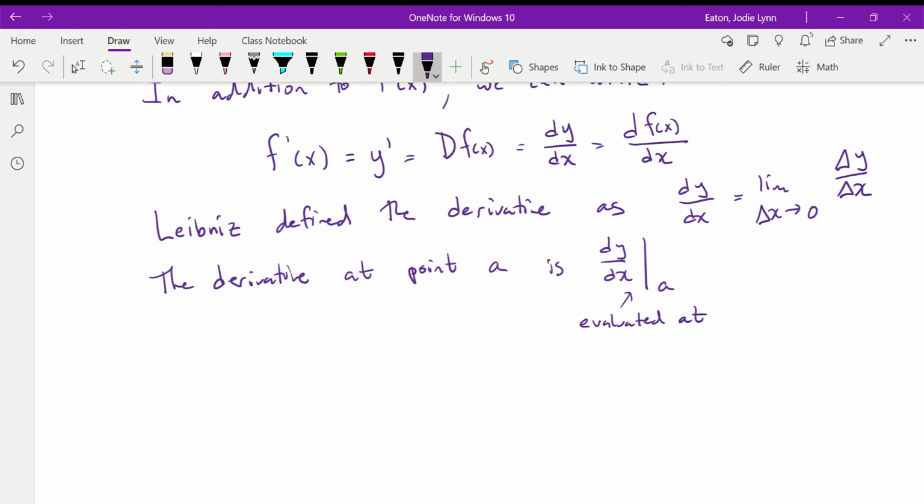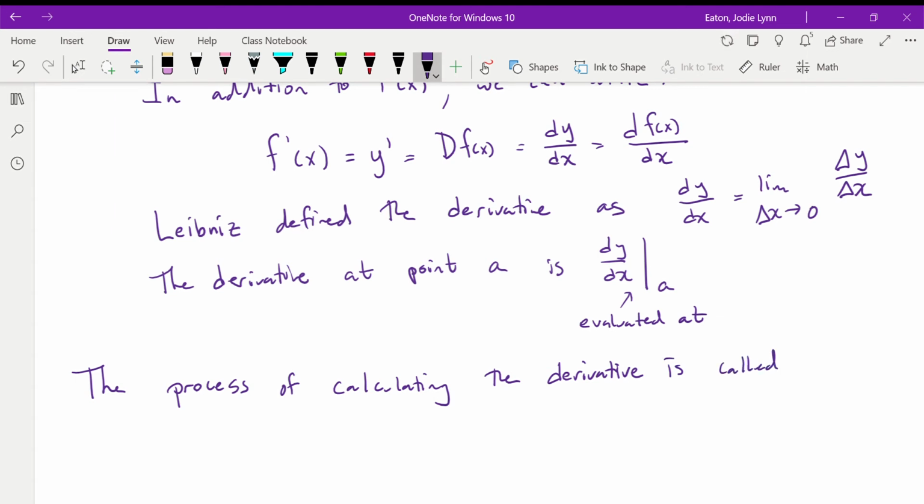Okay, the process, just another word that you are going to see, of calculating the derivative is called differentiation.